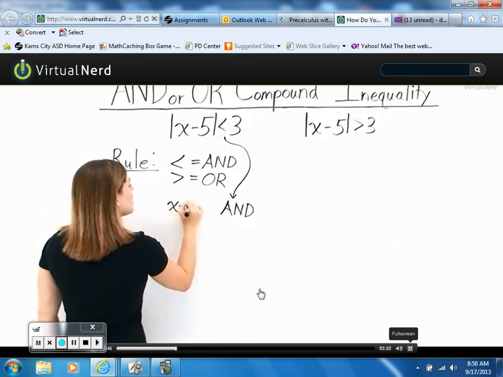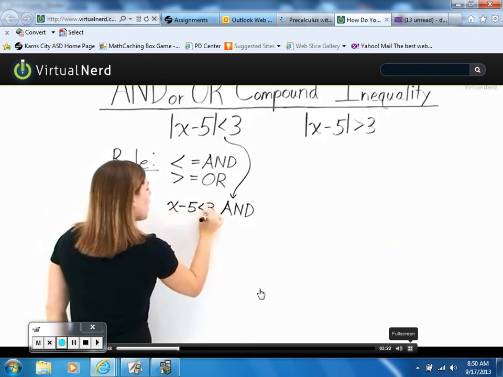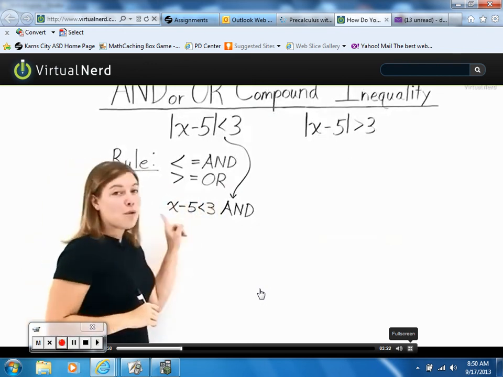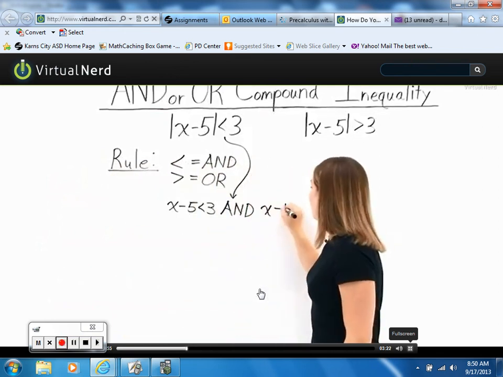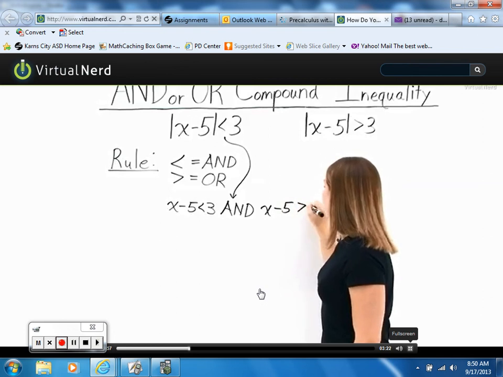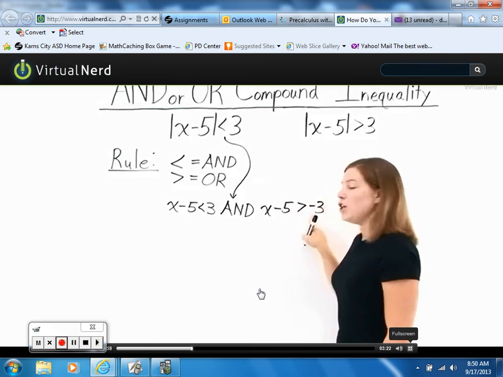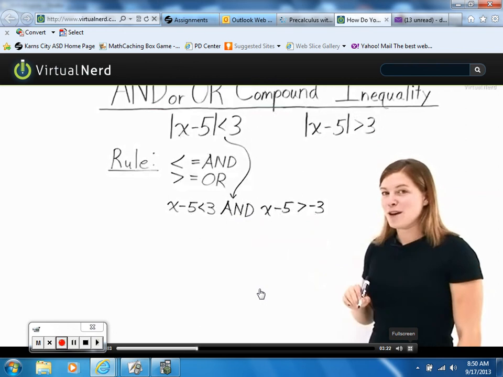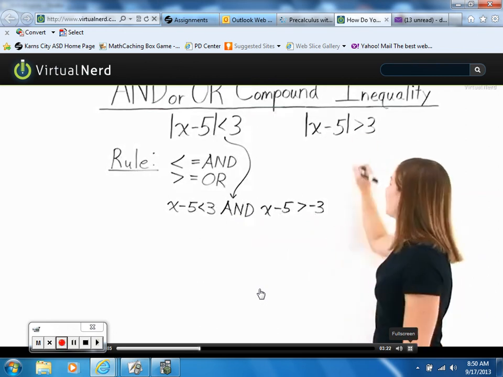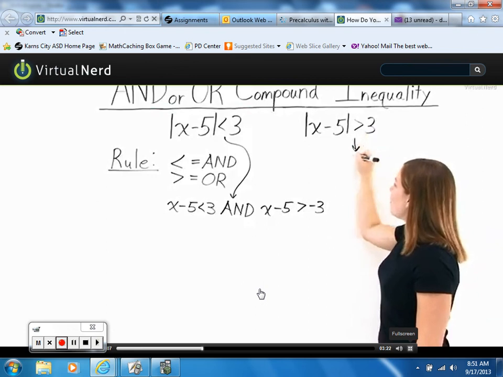So, to get the first one, we rewrite our absolute value inequality without the absolute value. To get the second one, we flip the direction of our inequality symbol and then change the sign on the right. Now we have this set up as a compound inequality. Let's do the other one. We have a greater than symbol.